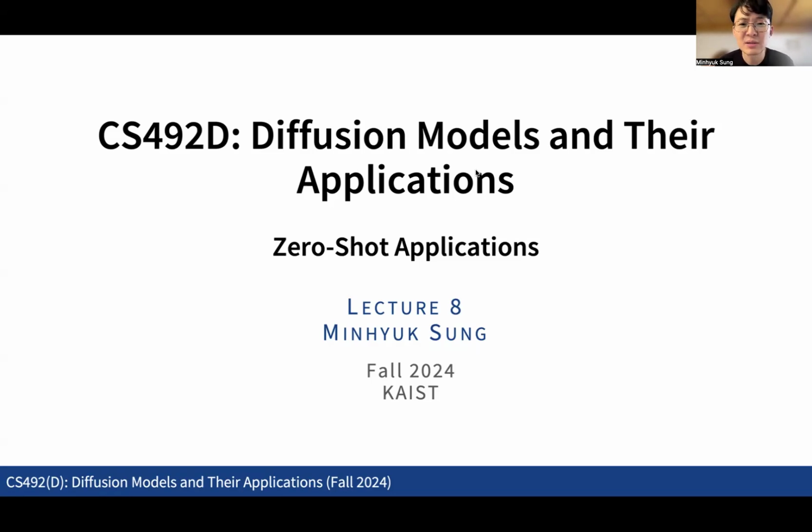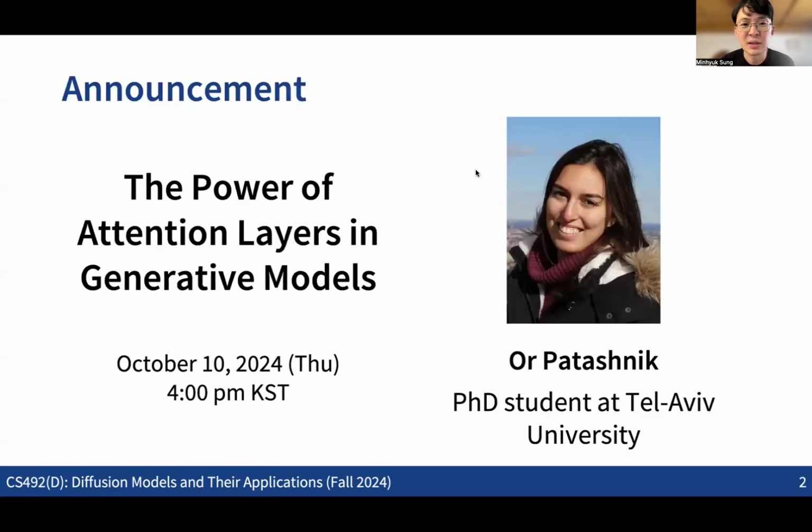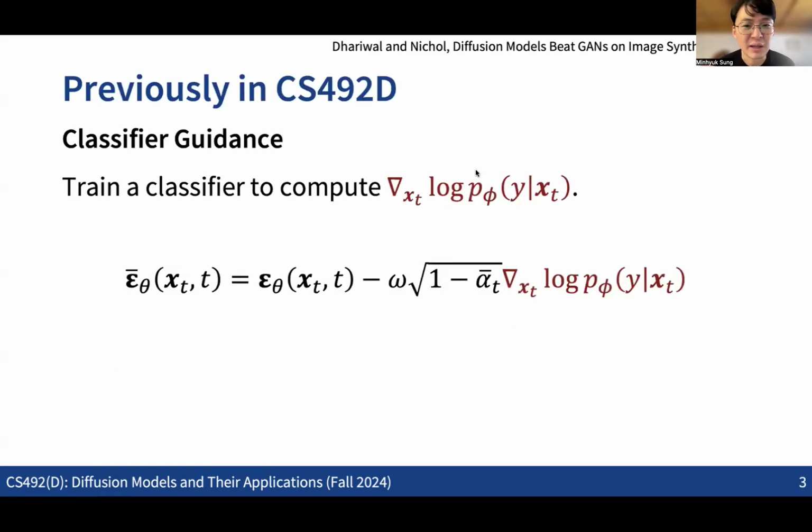So we mainly discussed two simple ideas. The first one was classifier guidance, which assumes that we now have pairs of the image and the class label corresponding to each of the images. And here the question is how we can improve the quality of the generation by utilizing this extra information coming with the data set we want to generate.